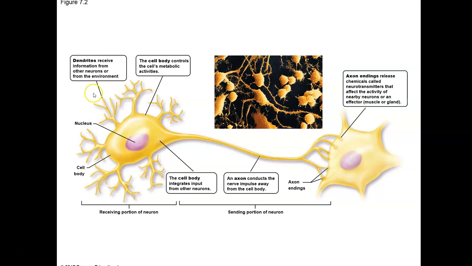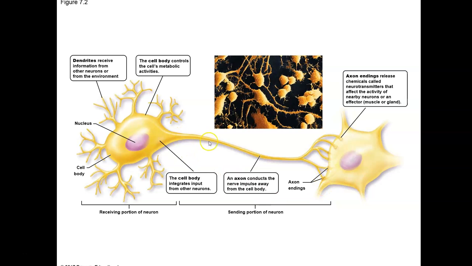Dendrites actually receive the information and bring it towards the cell body. Here is the axon. Axon carries the information away from the cell body. You see here, the axon branches at the terminal end, and those branches are known as axon endings.